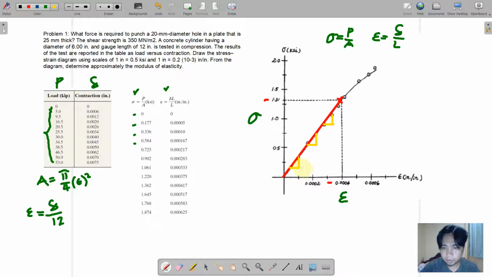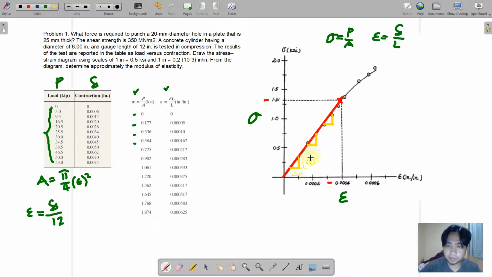So basically, this dimension here is the difference on the vertical side. Say if we have here an ordinate for sigma as well as epsilon, we also have an ordinate for sigma and epsilon at any point on this curve. So therefore, we'll just get the difference of that. See, this is delta sigma, and the x dimension for this triangle is actually delta epsilon.